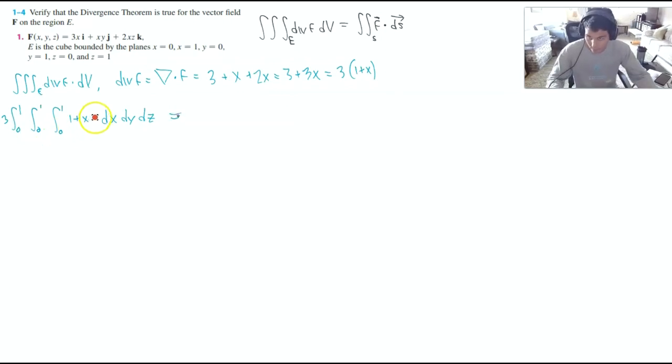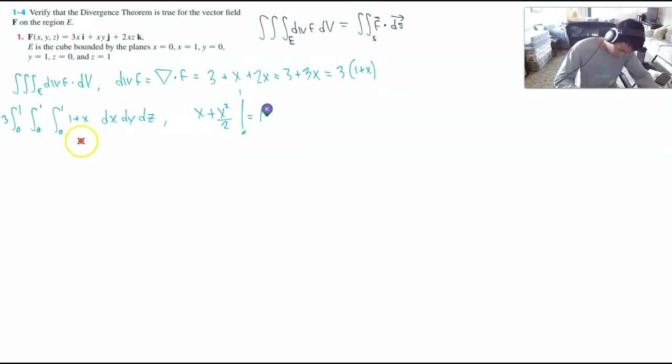I like to do things a little bit easier. We integrate 1 plus x, and that's x plus x squared over 2. Putting in 1 and 0, it's 1 plus 1/2, which is 3/2.